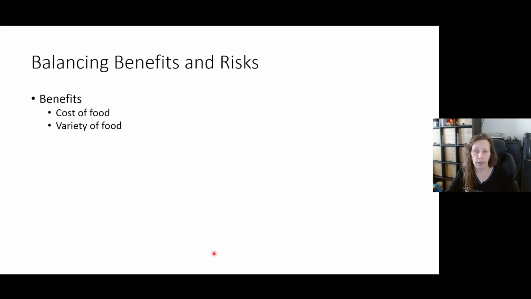They increase the variety of food because of the use of additives. There's a creativity that can happen that allows for a lot more different types of food to be produced. They are essential for what we see as convenience foods today. Without additives, we would not be able to have foods that you can just unwrap and eat, right?